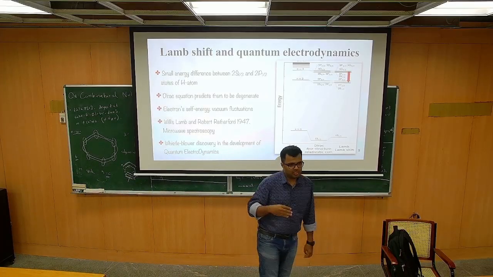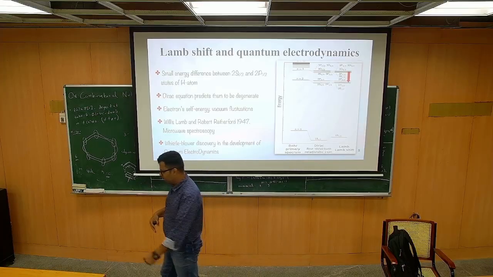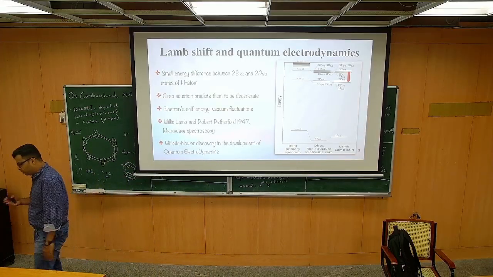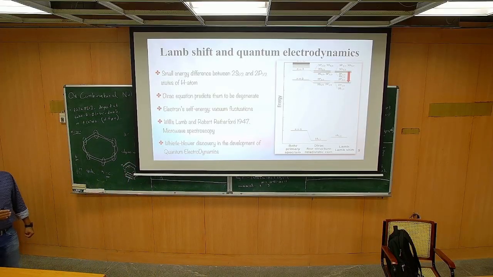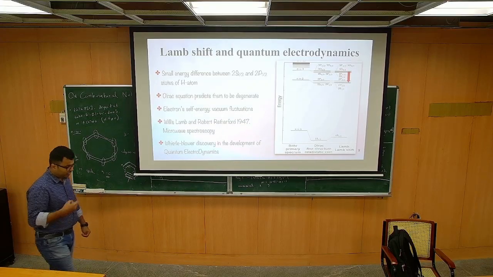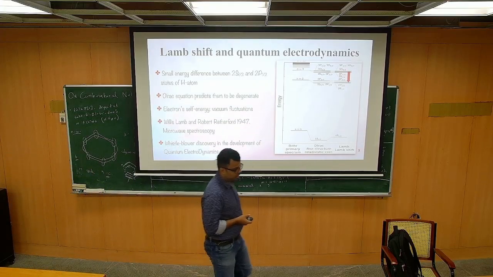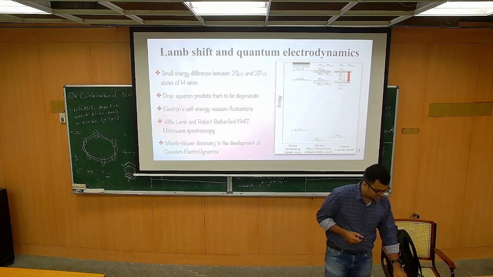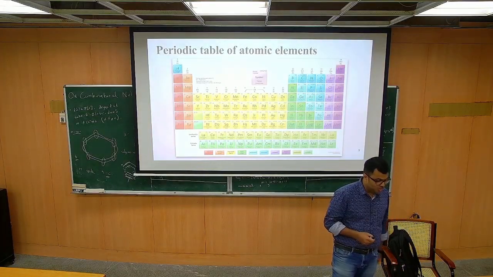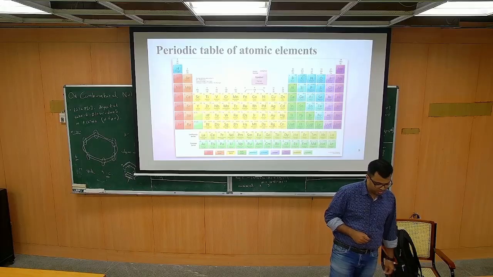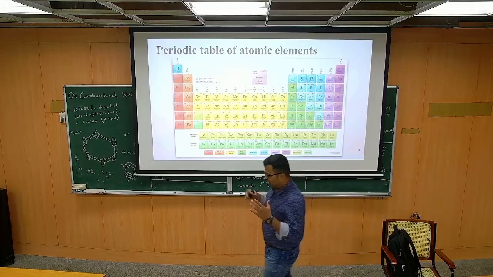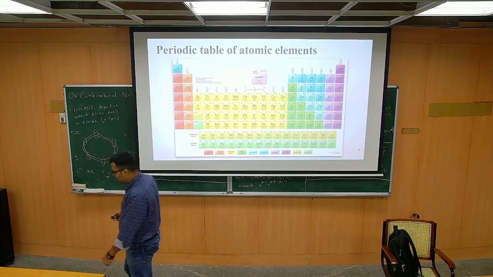Okay, the main message that I am trying to get at is that as time progresses, as our understanding of experiments progresses, as other experiments give us more and more details, theoreticians give more and more ideas how to interpret these experimental observations, we get a better and better understanding of what is going on with the systems, or what is going on with the constants that we are made of. Okay. Today we know a big periodic table of atomic elements.